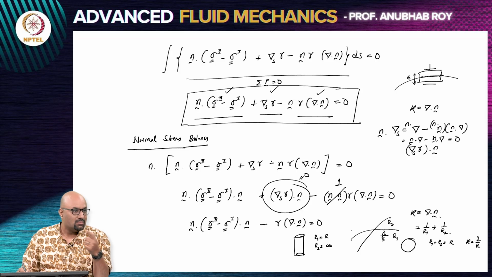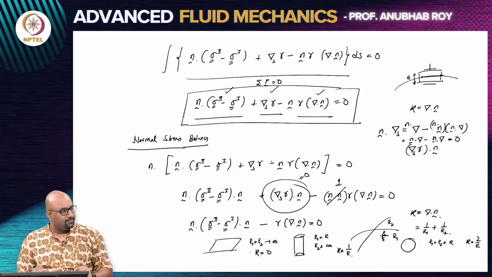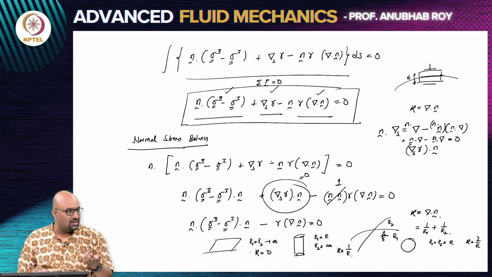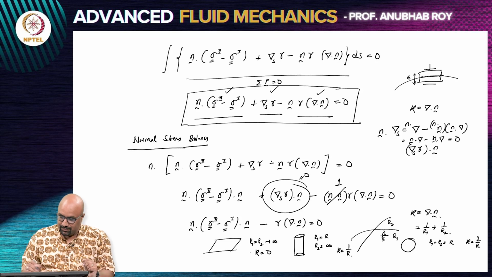There is only one radius of curvature, the other one has been pushed to infinity, in which case the curvature is 1 over R. If you have a planar surface, then both R1 and R2 have been pushed to infinity, in which case the curvature is, as expected, 0. I just took 3 surfaces, but for any surface you can define what the curvature is.